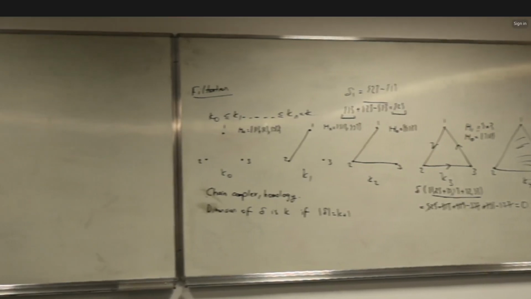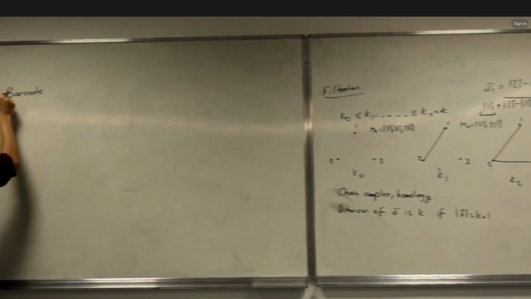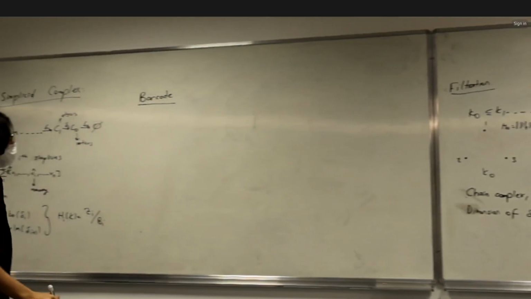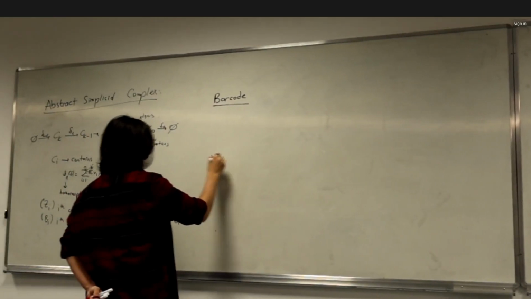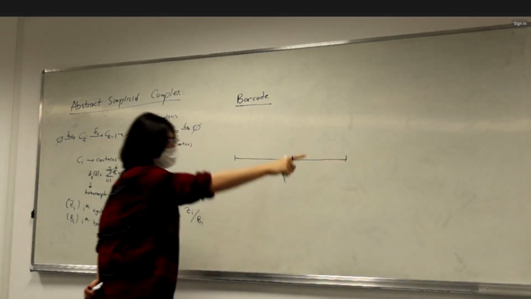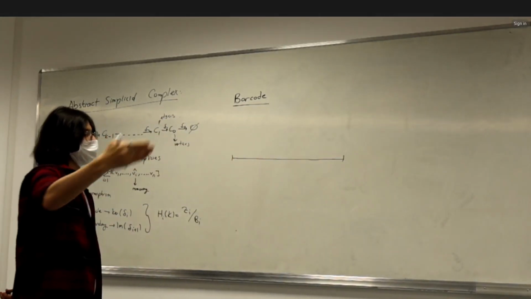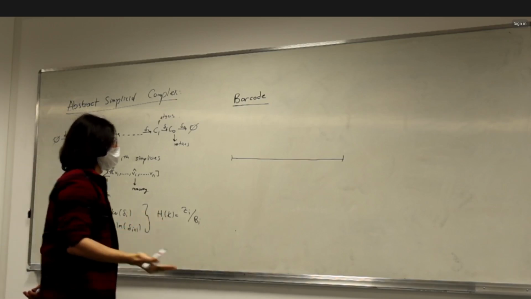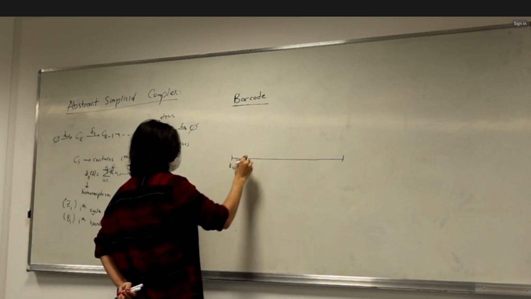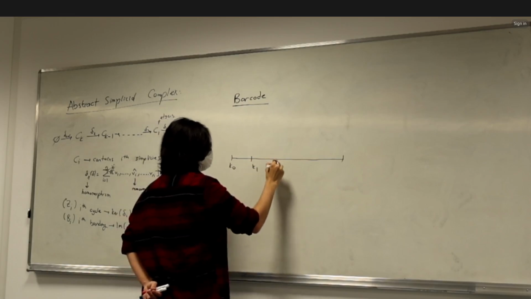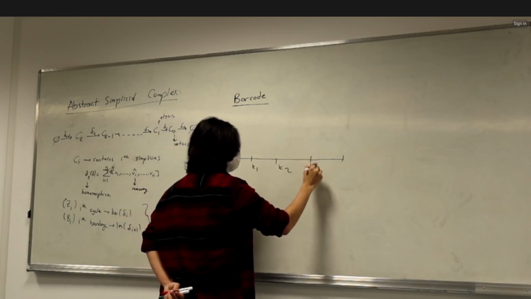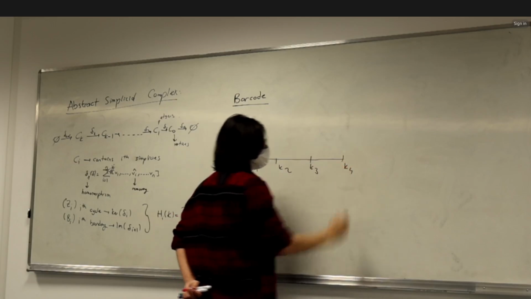Now in the barcode, at the bottom, we put the nested sequence of simplicial complexes, K0, K1, K2, K3, and K4.